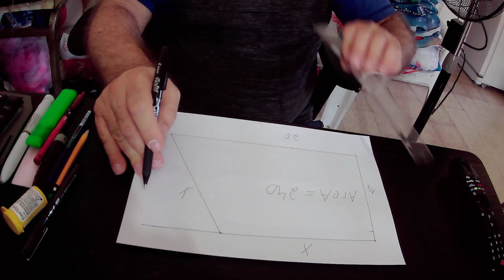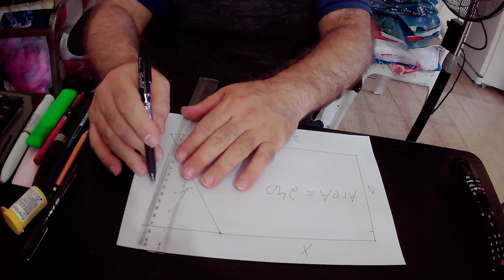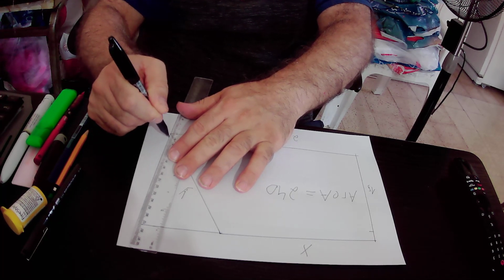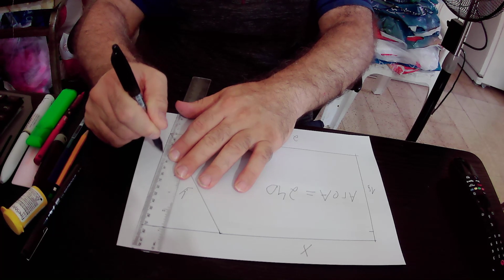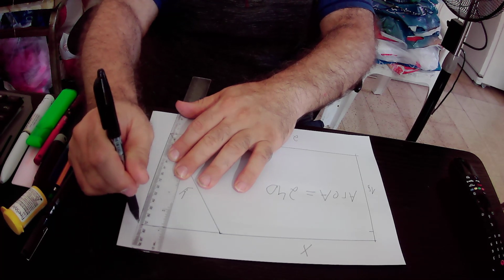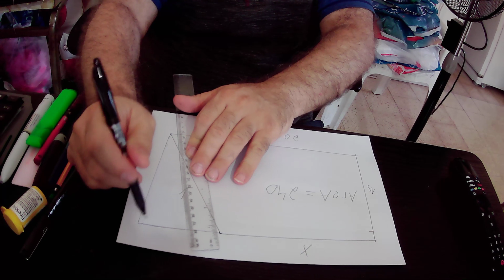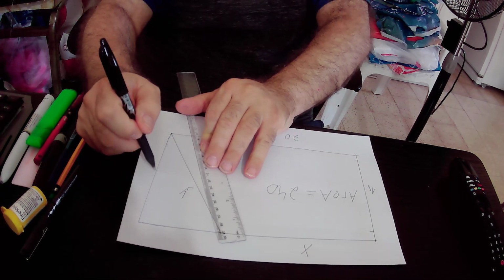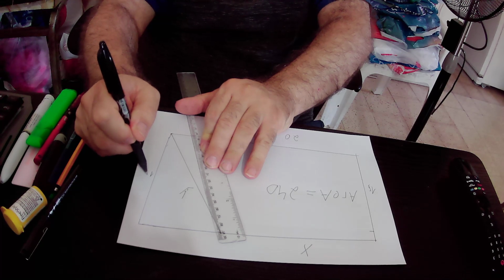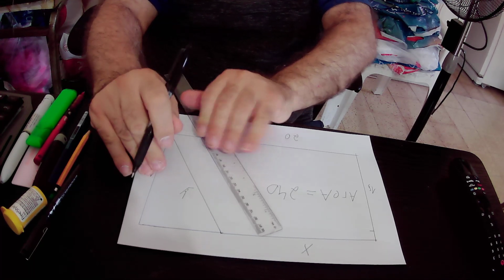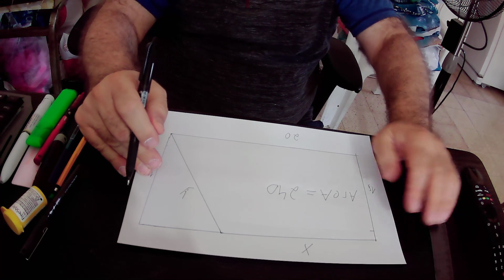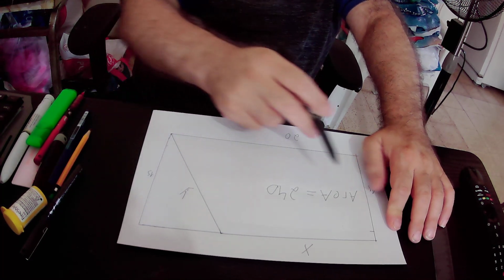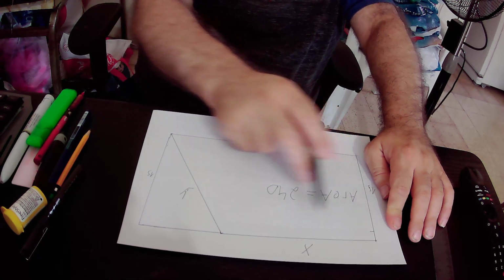and we will draw a line segment that is parallel to the line segment of 15 units. So this line segment will be equal to 15 units, and actually this line segment will be 20 units minus x.